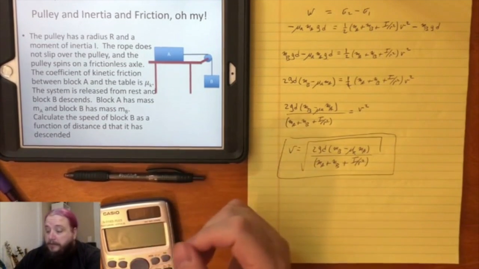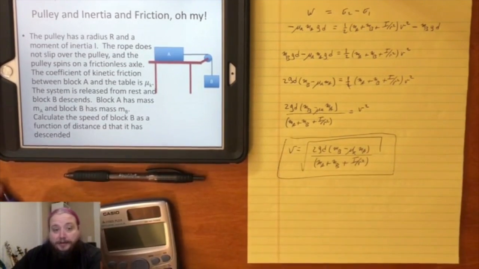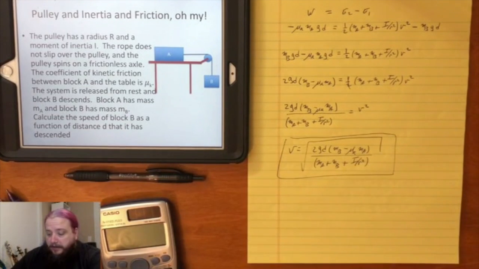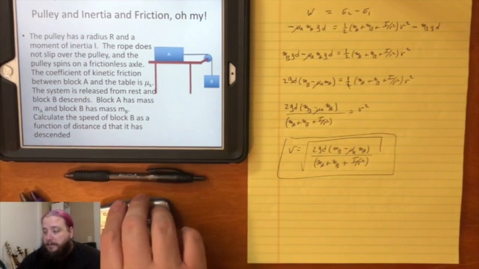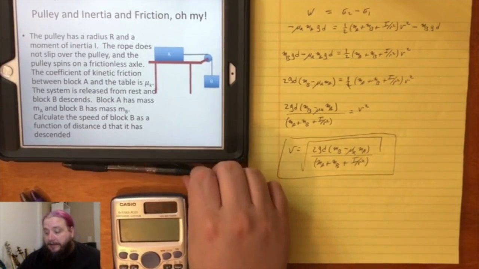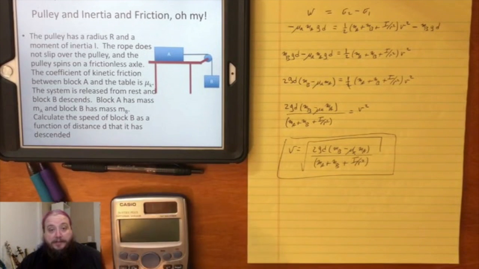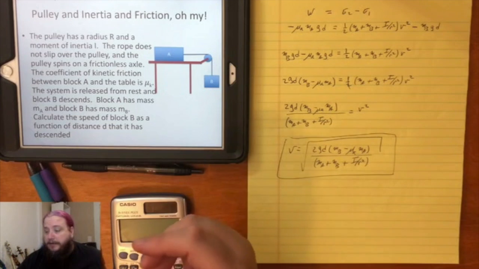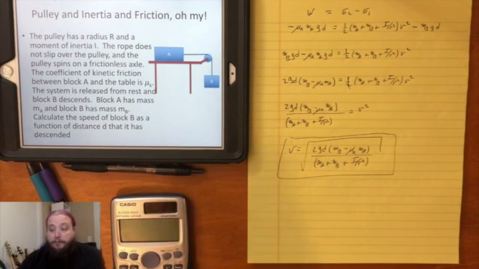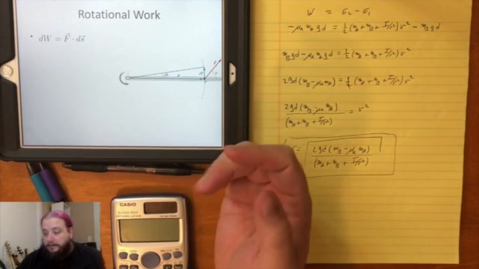All right, well, so we've talked about rotational energy. We've used rotational energy in 2 or 3 examples. Energy also has a rate at which it can be delivered or removed from a rotating object, and so that would be rotational power.